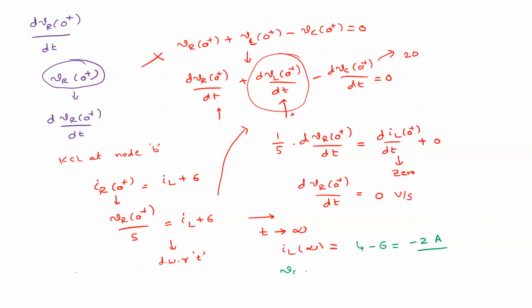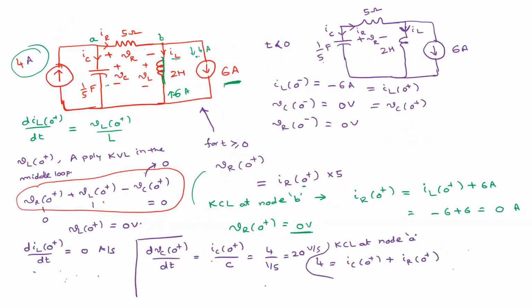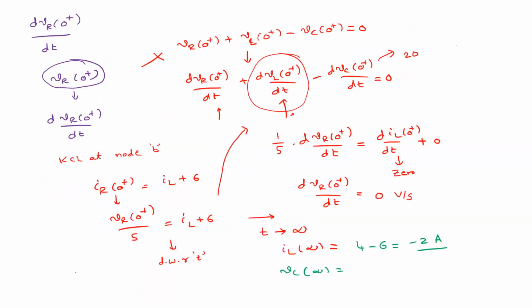So what is VC infinite? The voltage across this at infinite. Sir, 20 volt. Yes. How exactly is it 20 volts? If you are unable to follow, we will draw the equivalent circuit.